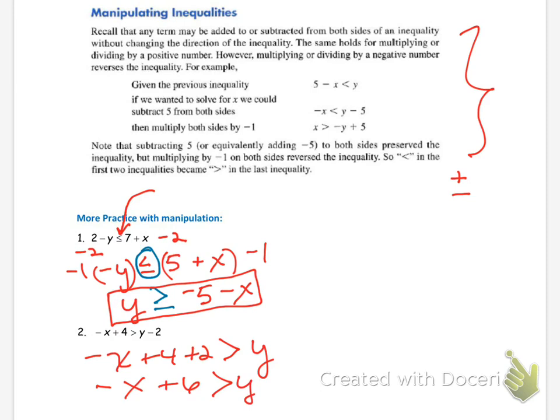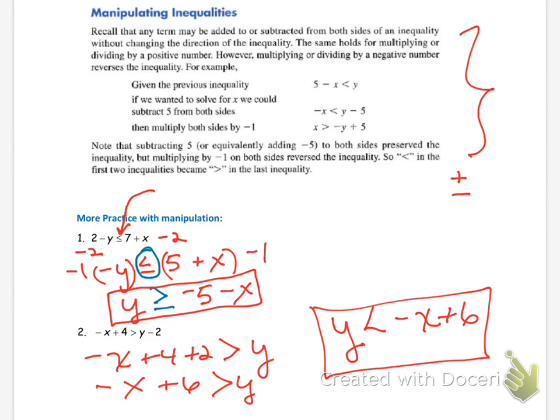Okay, well, how is y related? So in this situation, I'm not multiplying by anything, but I'm going to read it backwards. So start reading from y. So y is, reading from left to right, less than negative x plus 6. So that is another reason for flipping it. When you want to read about your y, you're going to need to flip it. Okay, and there's one more we're going to do on the next page.